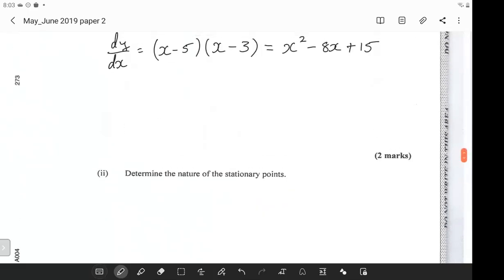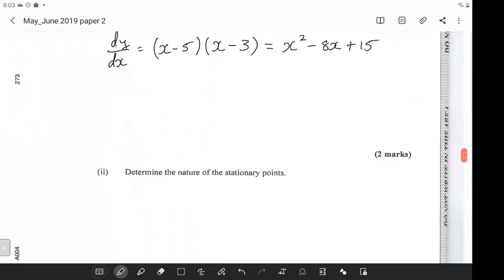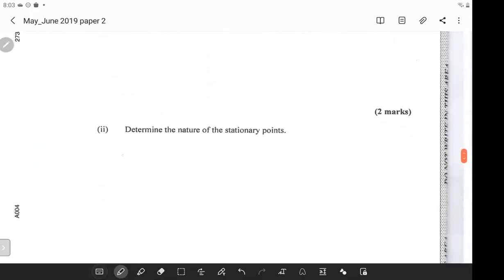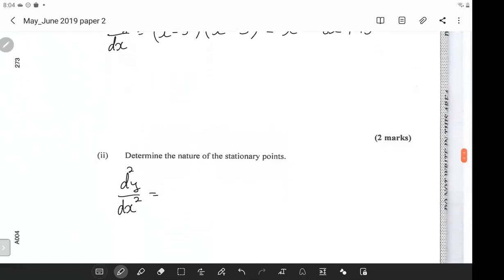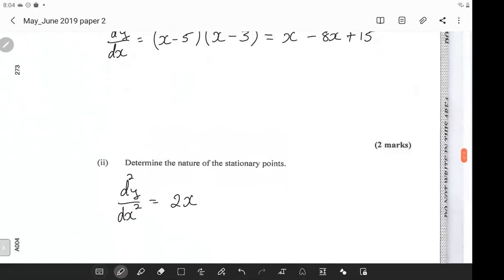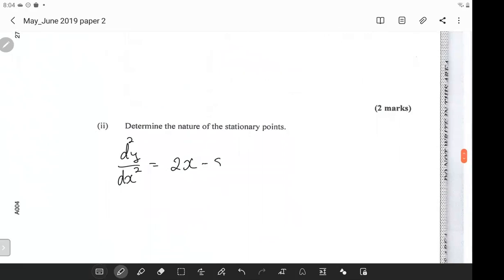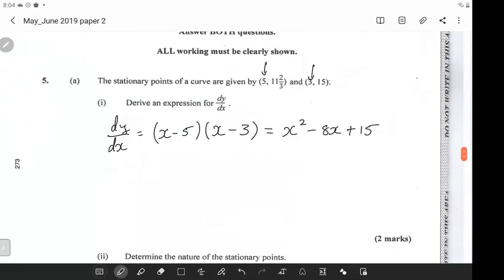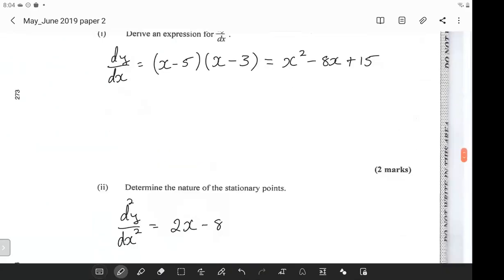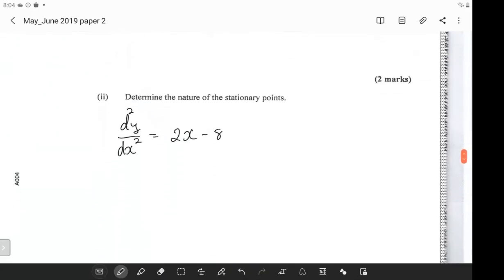So let's differentiate this once again. The second derivative, d2y dx squared, is equal to 2x minus 8. And we can substitute the x values to get the values of d2y dx squared.